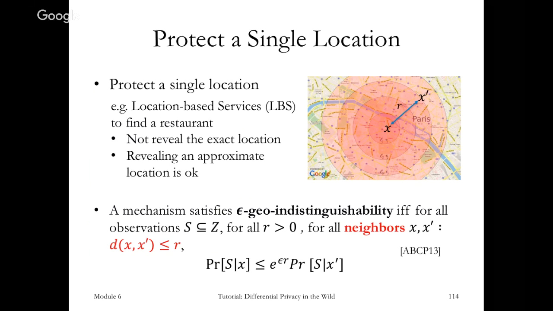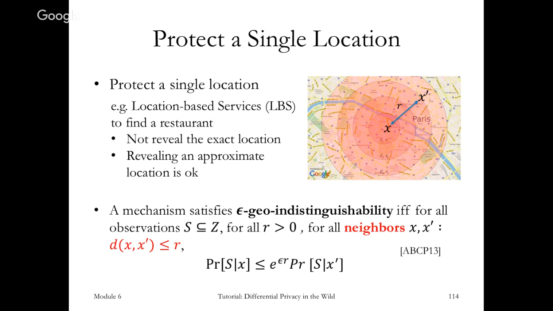So formally, this definition is defined in a similar way to differential privacy, except the probability to release the same output from the neighboring x and x prime is bounded by e to the power epsilon times r. R is the distance between x and x prime. So the further away these two neighboring databases, or locations in this case, the easier for the adversary to distinguish between them.